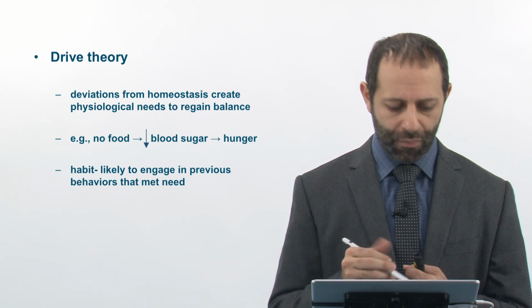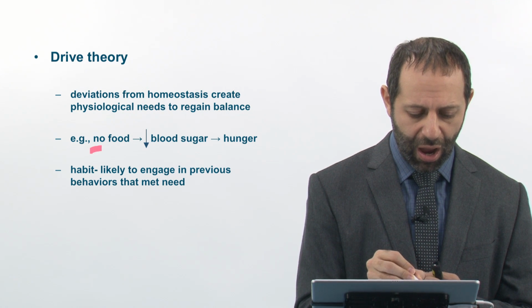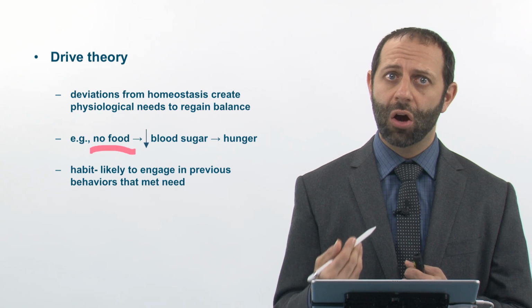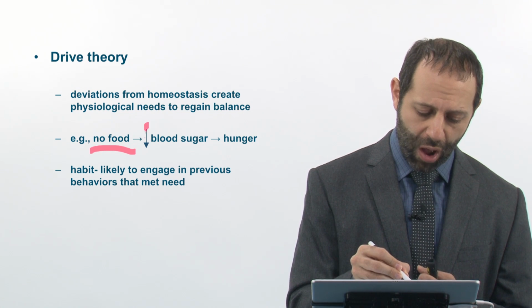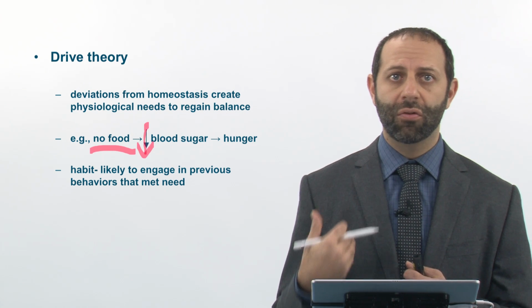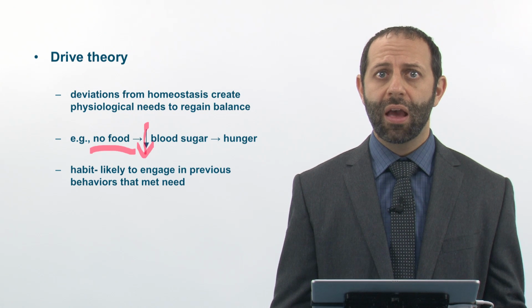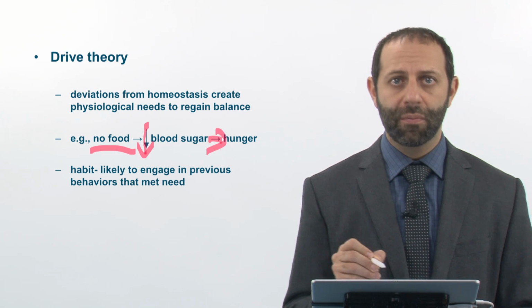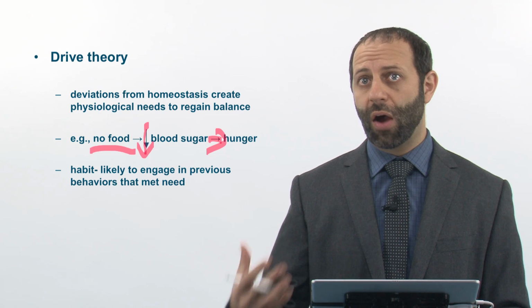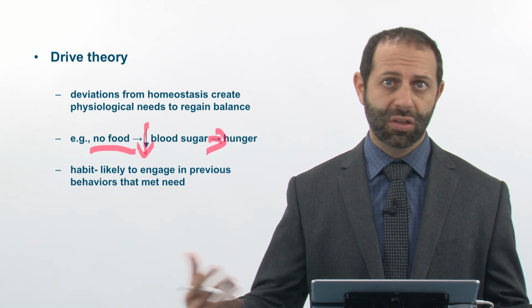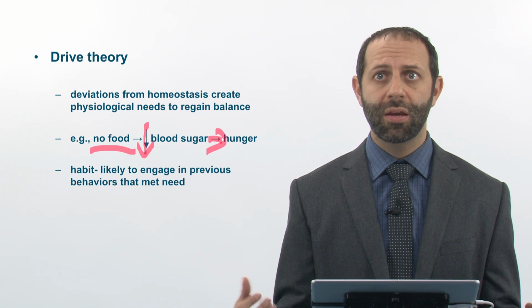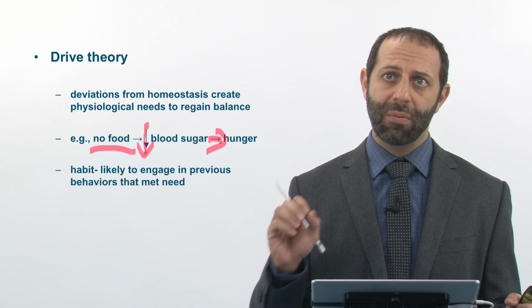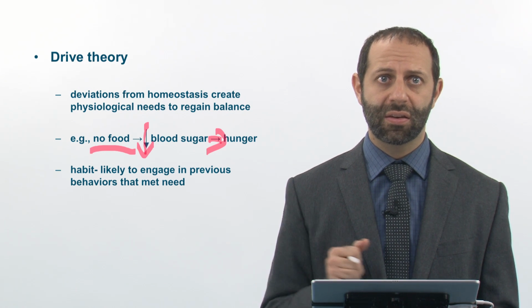So for example, let's just say I am without food. I'm very hungry. This will cause a drop in my blood sugar level. Blood sugar drops, and in that way, it leads me to become more hungry. And that'll drive me to find food, or if I'm thirsty, to get some beverage into me, and that will resolve that imbalance in that homeostasis.